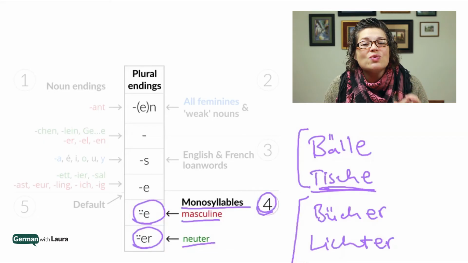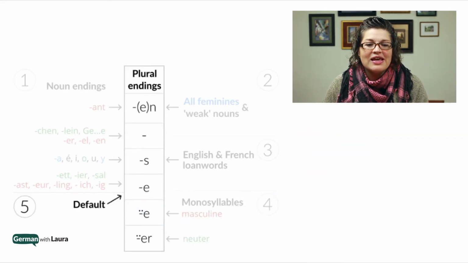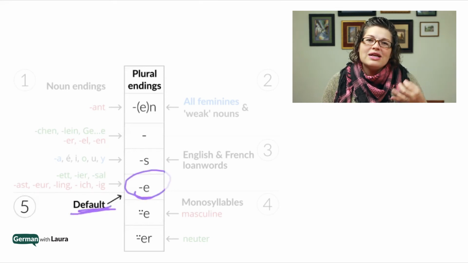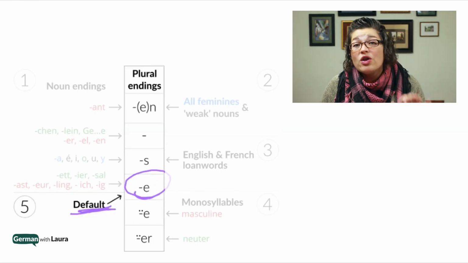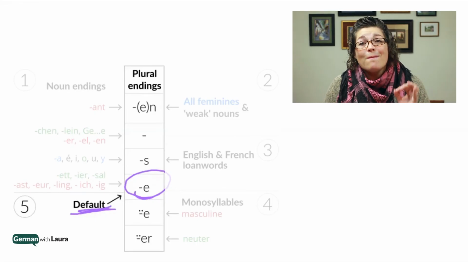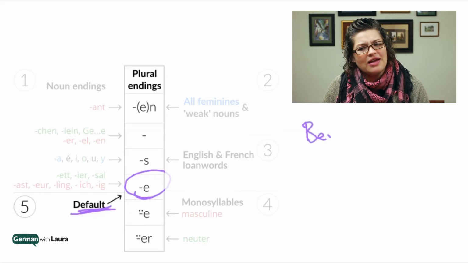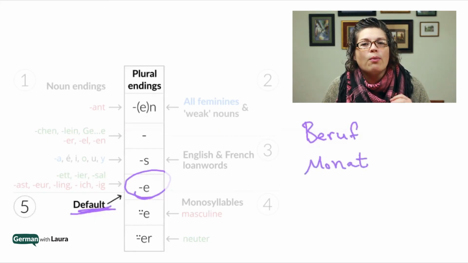All right, so that leaves us with just one final train stop. Train stop number 5, the default plural of an E. So the only nouns that are still left on the train at this point basically fall into one of two categories. We have masculine polysyllables that look very, very German, as in we don't really have any idea what they could possibly mean, such as Beruf and Monat.